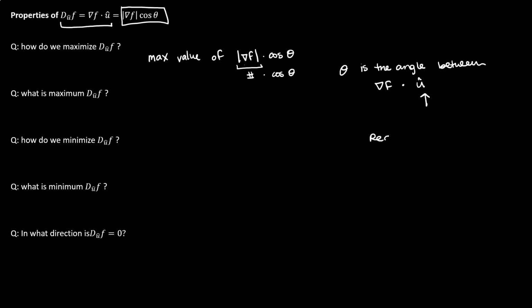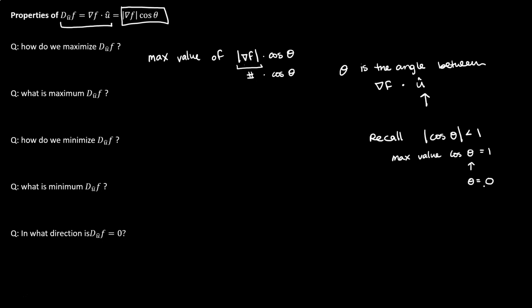And maybe we remember that cosine theta is between 1 and -1. So the largest value that cosine theta could take on is 1, which means theta would have to be equal to 0. So cosine at 0 is equal to 1.